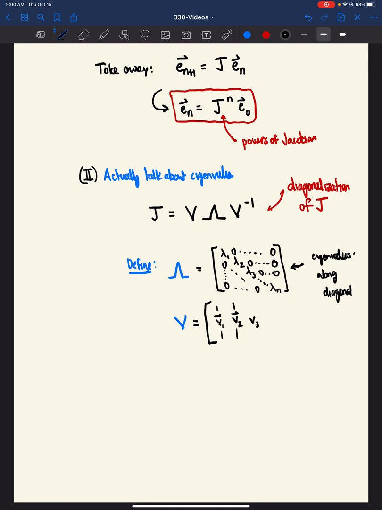So each of these columns is a particular eigenvector that corresponds to a particular eigenvalue.